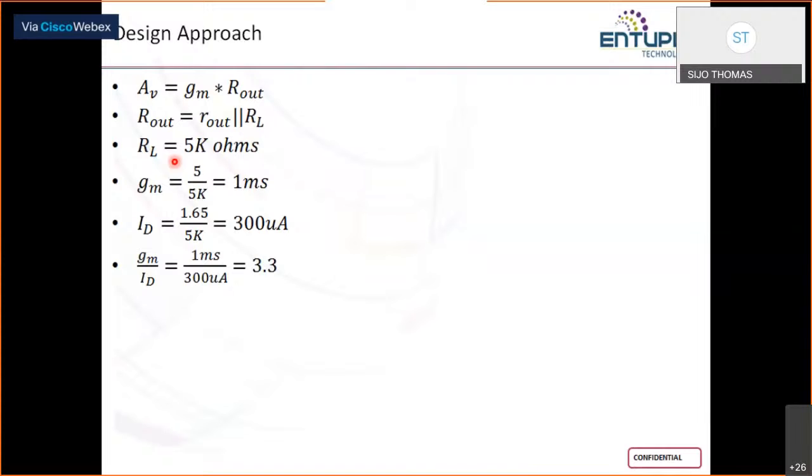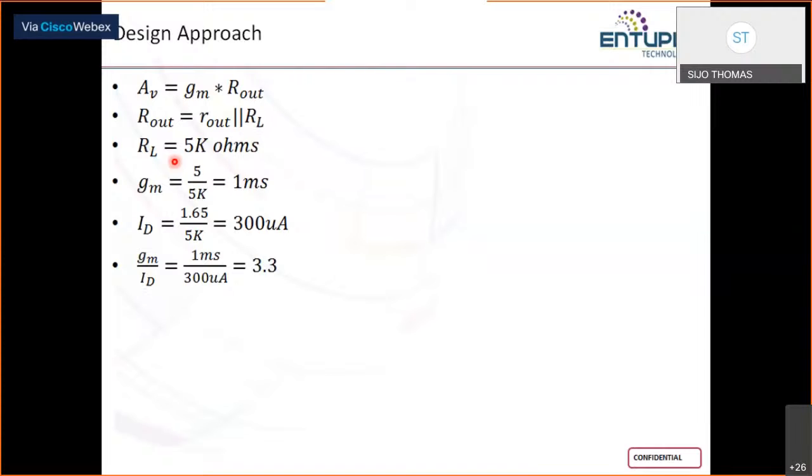Now coming to gm. As you can see in the gain equation, the small signal DC gain is gm into R out, where R out is the MOSFET output resistance in parallel with the load resistance. R out for the MOSFET is usually very high compared to the physical load resistance RL we are attaching.